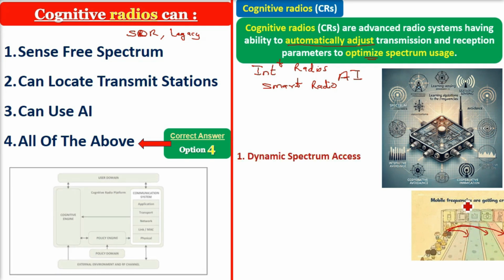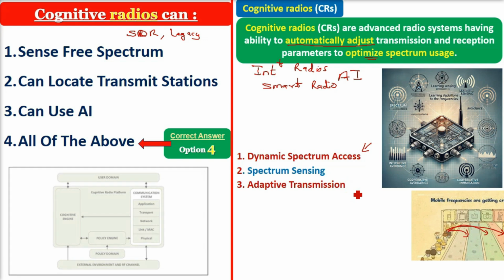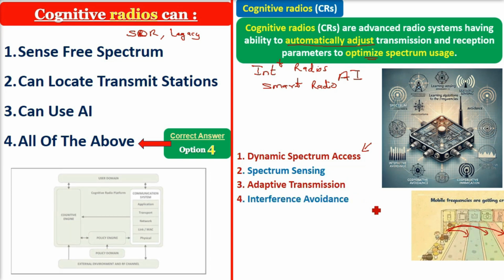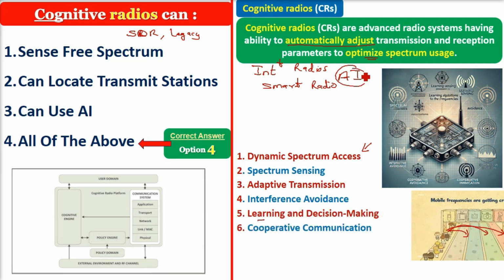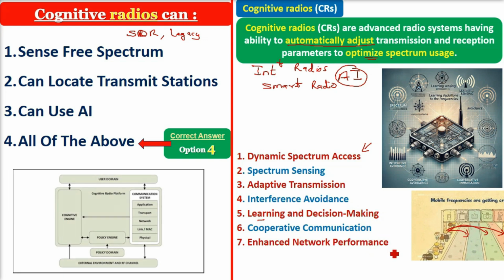So dynamic spectrum access can be done by cognitive radios. Spectrum sensing is also a possibility. It's what CRs are doing. Adaptive transmission is possible. Interference avoidance is being done by the cognitive radios. Learning and decision making is one of the operations. Cooperative communication can be done. Enhancing the network performance is also a possibility.